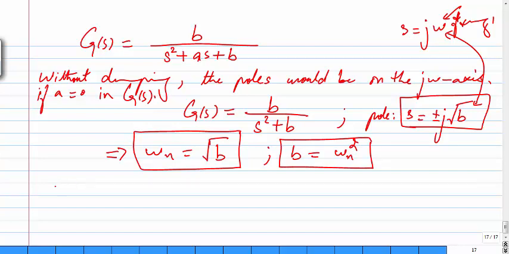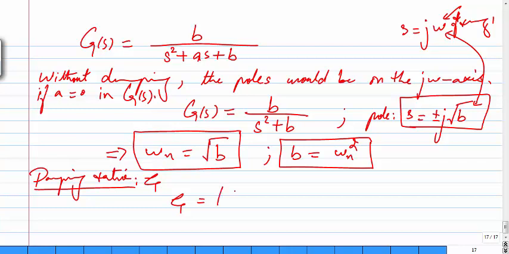As you remember, we discussed the damping ratio. How did we define it? In the previous slide we defined the damping ratio as equal to the exponential decay frequency. The exponential decay frequency depends upon epsilon, that is the magnitude of sigma, divided by omega n, or in other words is equal to a divided by 2, divided by omega n.